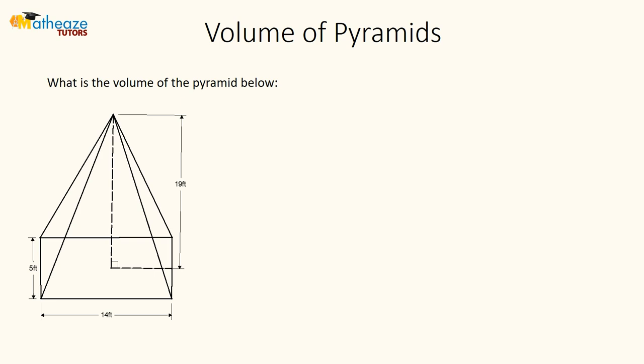Now let's look at this example here. So the volume is 1/3 of area of base multiplied by height of pyramid. So let's look for the area of the base first.